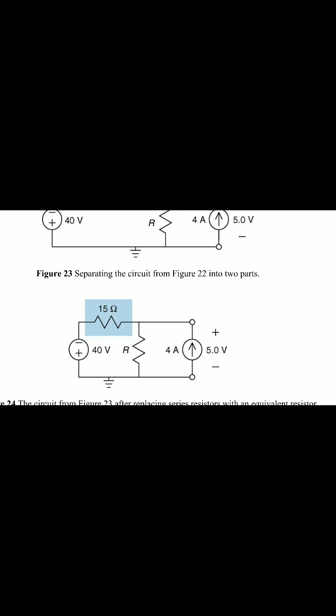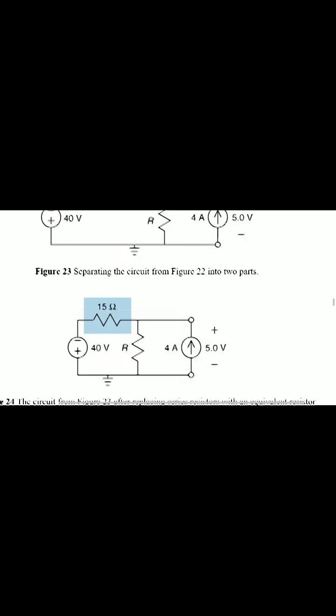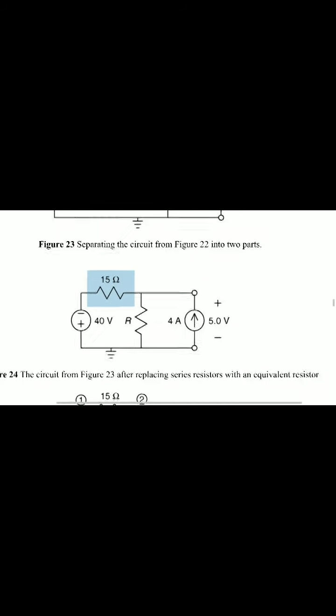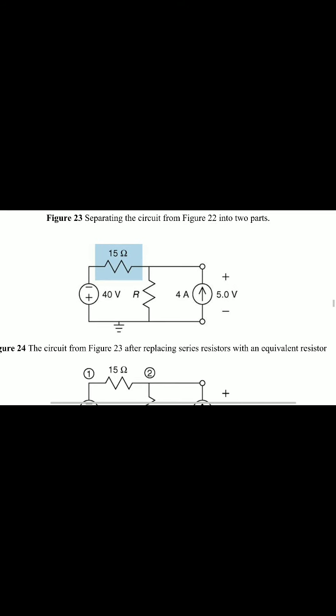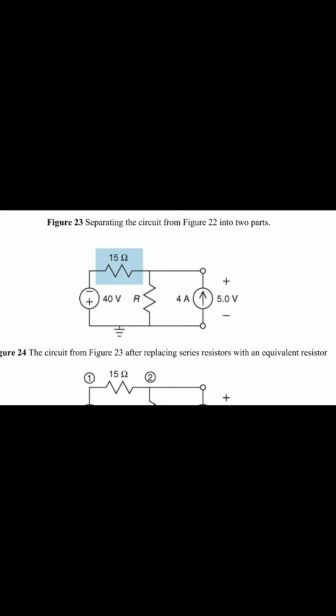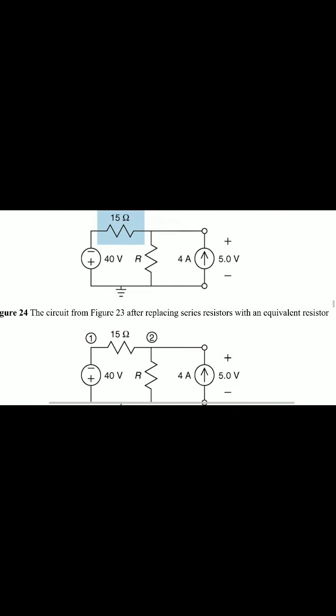The current source is represented by an arrow, and the voltage source is represented by plus minus. Figure 24 is the circuit from figure 23 after replacing the series resistors with an equivalent resistor.